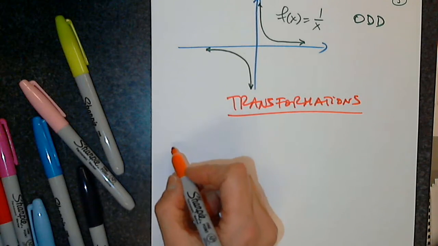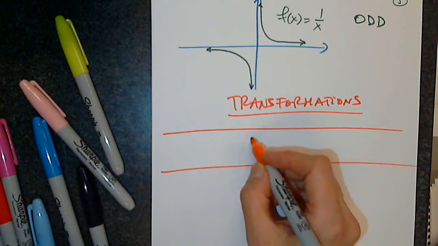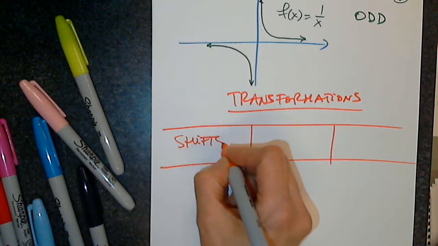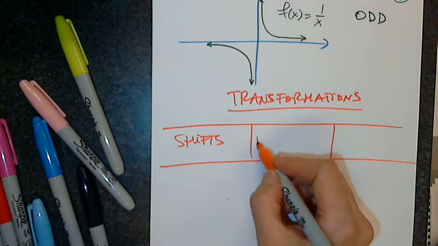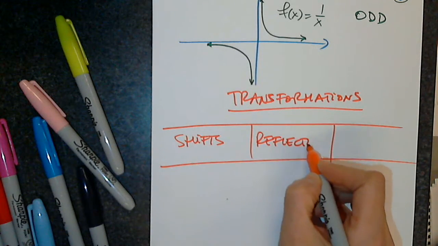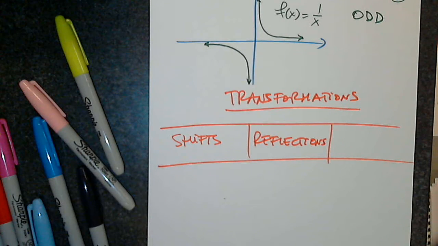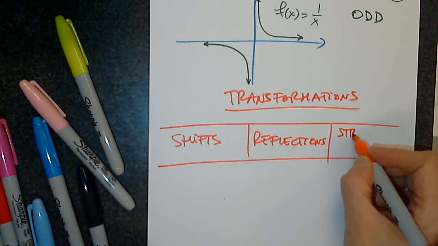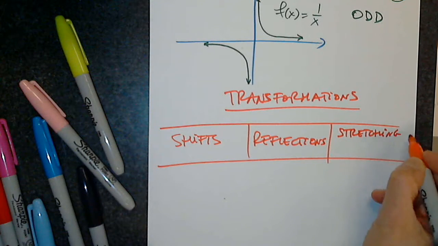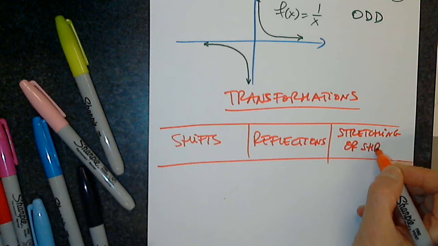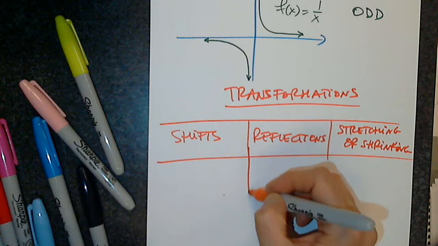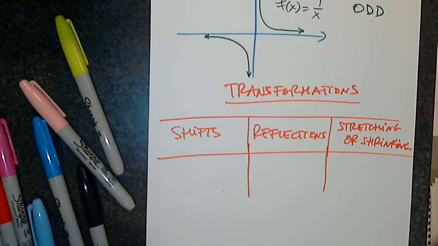Transformations, 3 types: shifts, reflections, and the last one is stretching, shrinking. Shifts are of 2 types, horizontal and vertical.